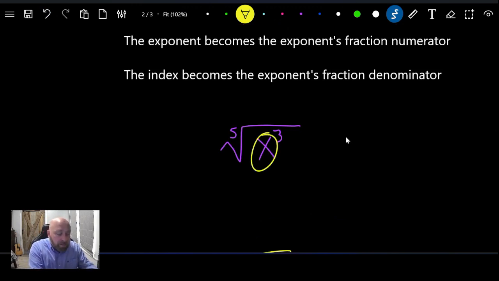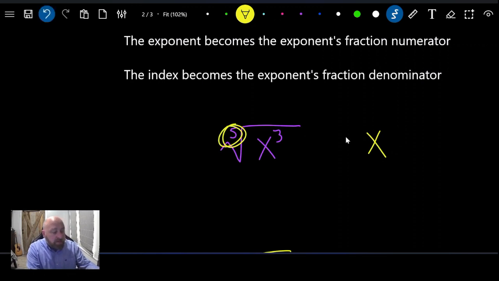So if I take my base, if I take my radicand, okay, my x, I can take these other two numbers, the exponent and the index, and I can make a fractional exponent. So if you look here, the exponent becomes the exponent's fractional numerator. So in other words, this number right here becomes the numerator of my fractional exponent.